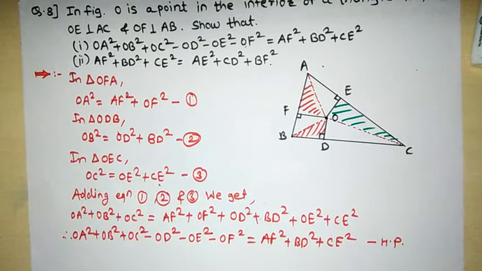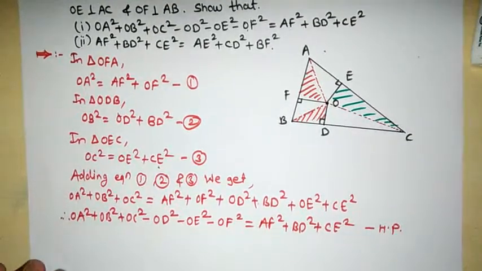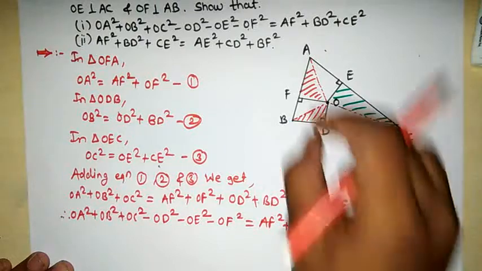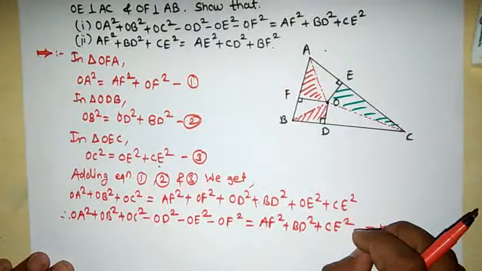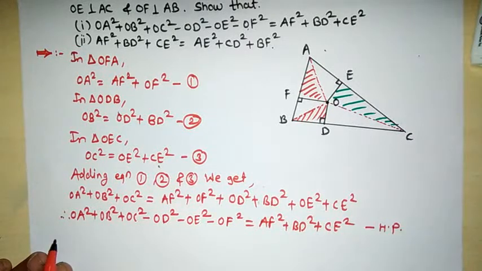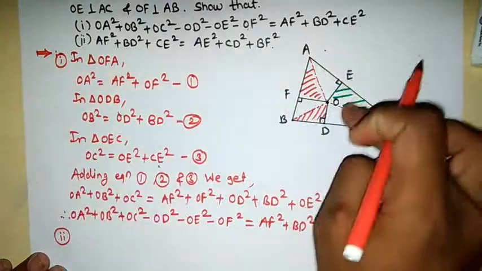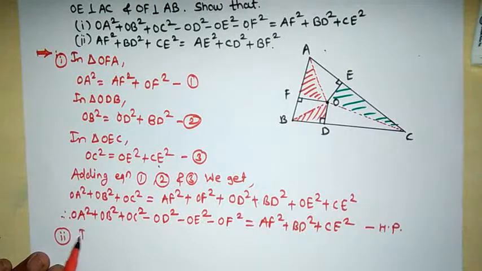Now we will see the second proof also. In the second proof we want AF square. In which triangle will we get AF square? In triangle AOF we will get AF square. This was the first proof.